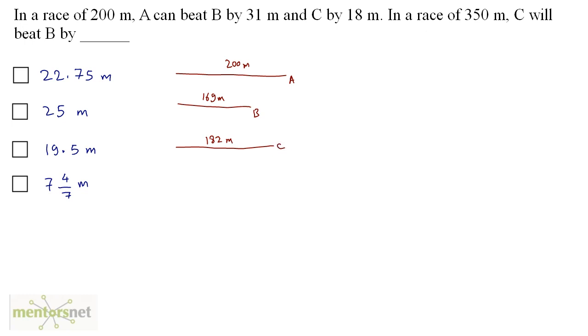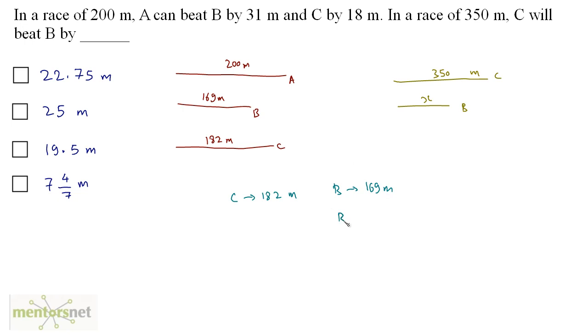Now let's talk about the race of 350 meters. You have been asked by how much distance C will beat B. So if the distance traveled by C is 350 meters, let's first calculate the distance traveled by B. Let that be X. If C travels 182 meters, B travels 169 meters, from the previous case.